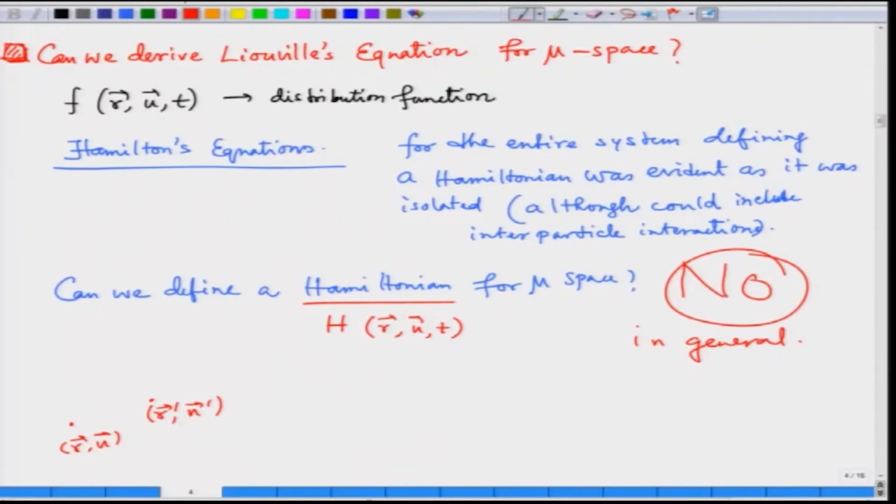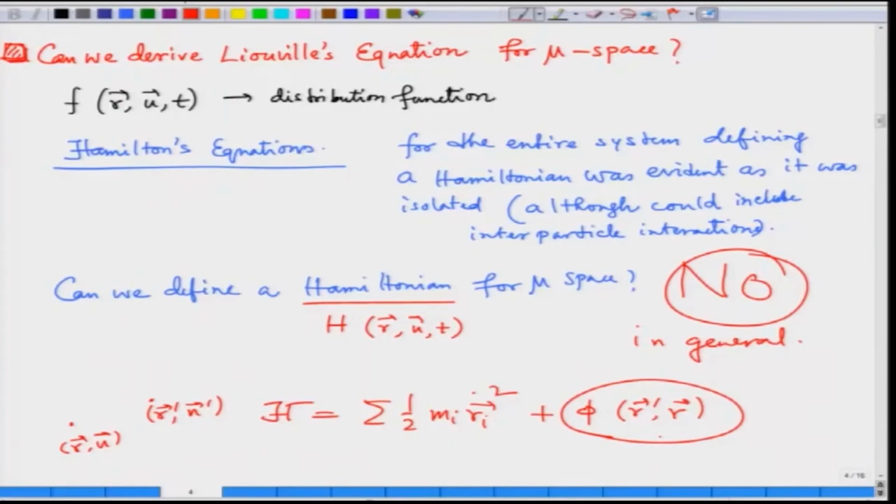Then, as they are just moving under their mutual interaction, we can define a Hamiltonian, which is nothing but the sum of m_i r_i dot squared, where the summation is over r and r prime, and then you will have this phi of r prime, r. That is possible, but how to incorporate this type of thing in mu space?